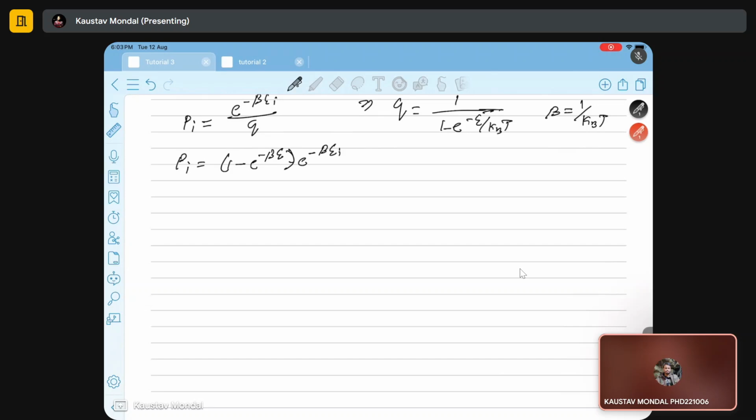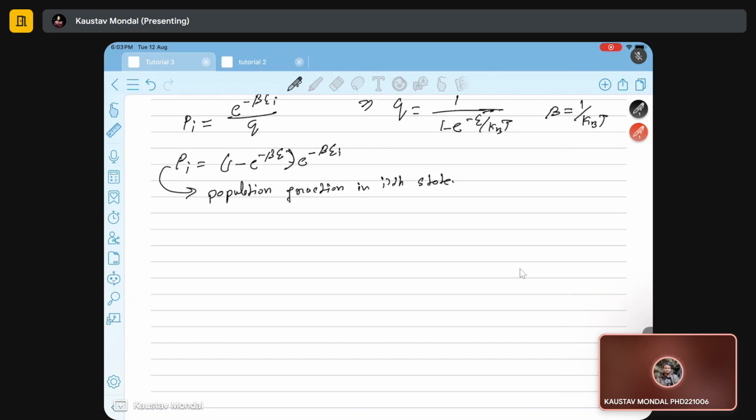Okay, so this is the population fraction in the ith state. So this we have done in the previous tutorial class.